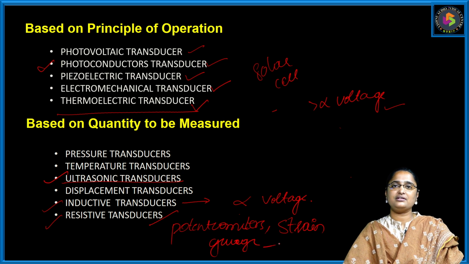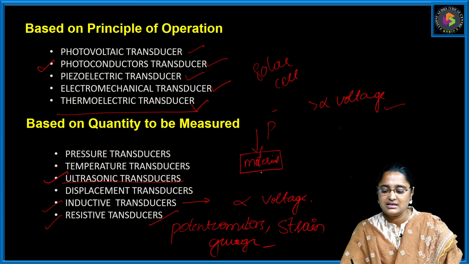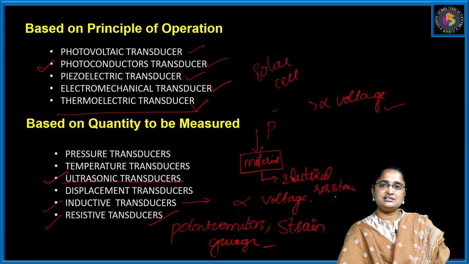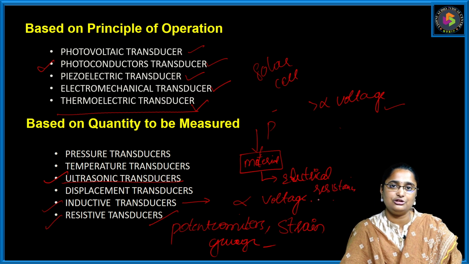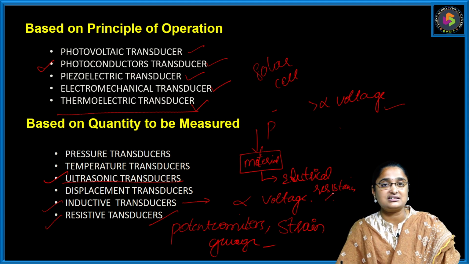Strain gauge: when we apply a force or pressure onto a material, the electrical resistance of this material changes. We do not have any means to measure this electrical resistance directly.